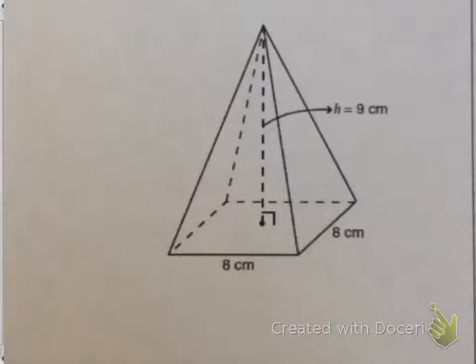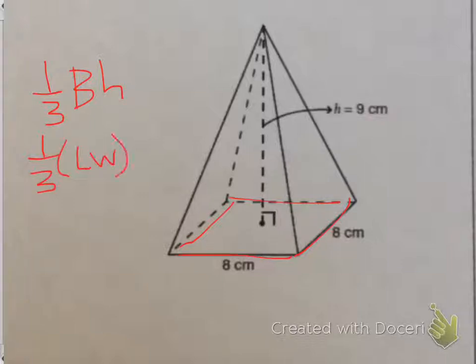All right, the next one asks me to do the same thing. So we're doing 1/3 the area of the base times the height. Again, the base is a rectangle, so that would be length times width times the height of the whole pyramid.